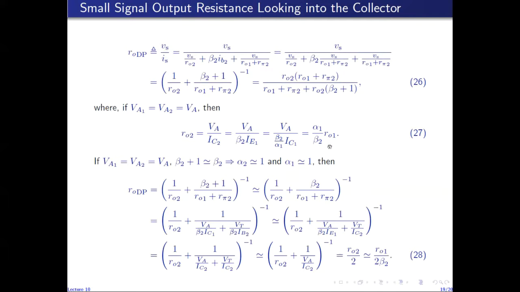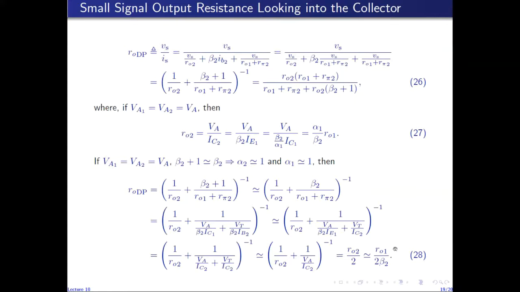Or we can use this relation, in which we've already assumed alpha 1 to be 1. Then we can replace our small r naught 2 with small r naught 1 divided by beta 2. So the output resistance r naught dp is either small r naught 2 by 2 or small r naught 1 divided by 2 times beta 2.